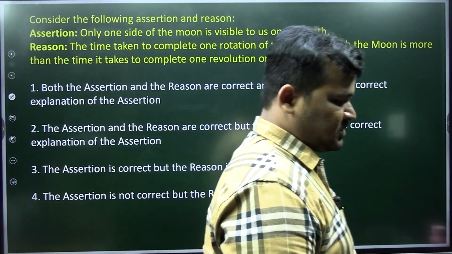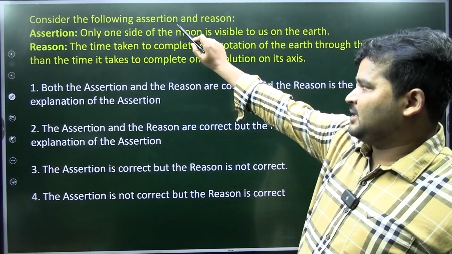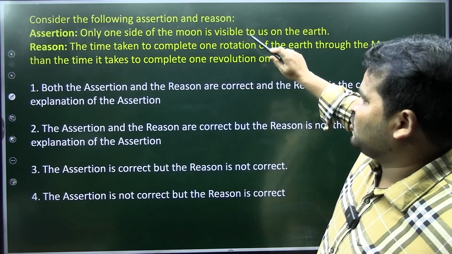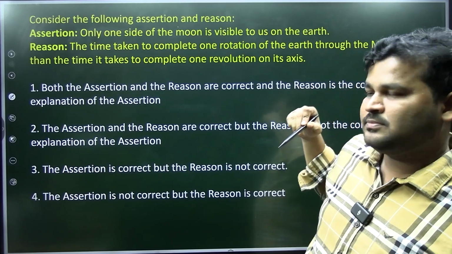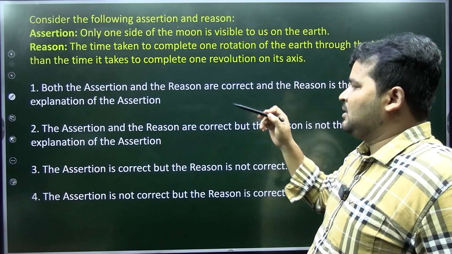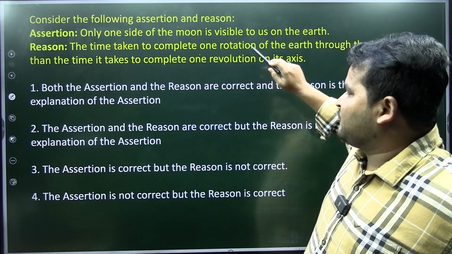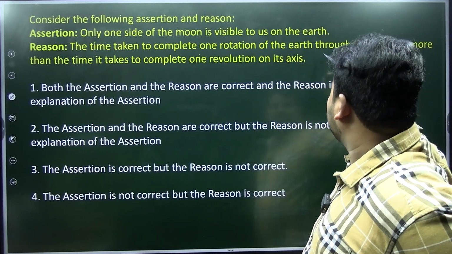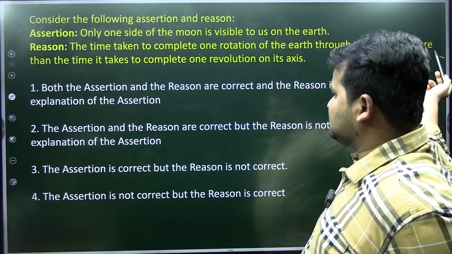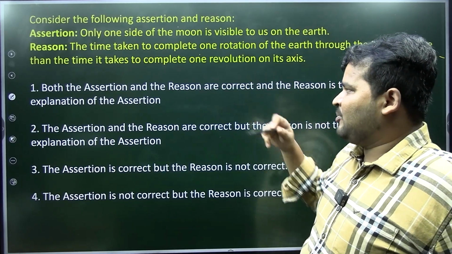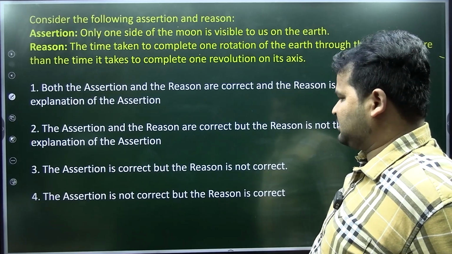Consider the following assertion and reason. Assertion: only one side of the moon is visible to us on the earth. Exactly. The reason says the time taken to complete one rotation of the earth through the moon is more than the time it takes to complete one revolution of its axis.